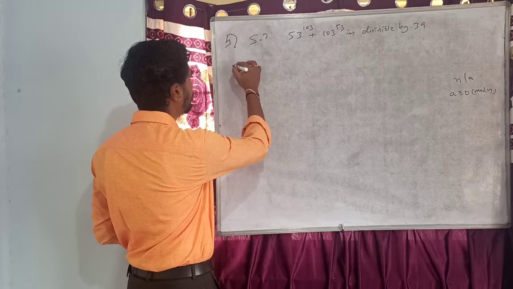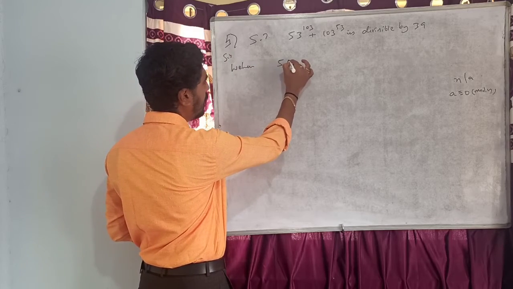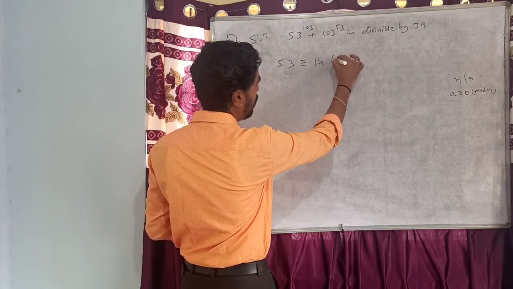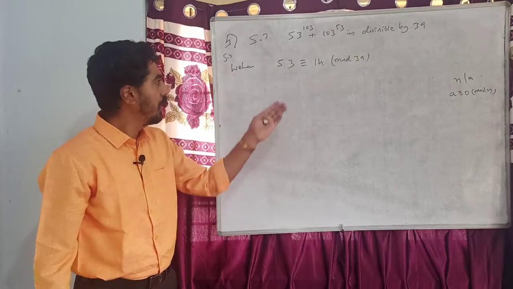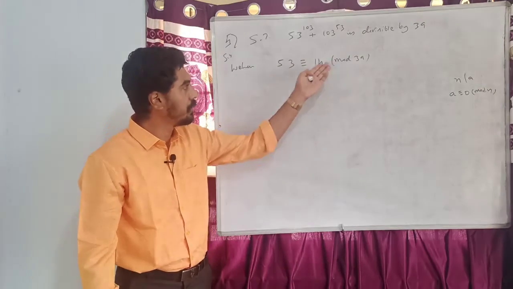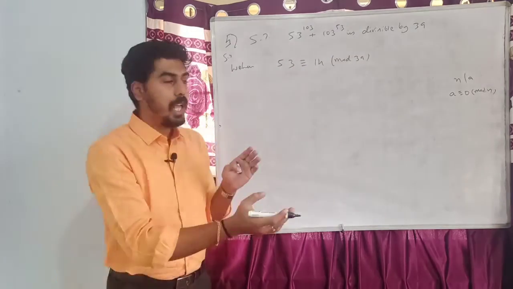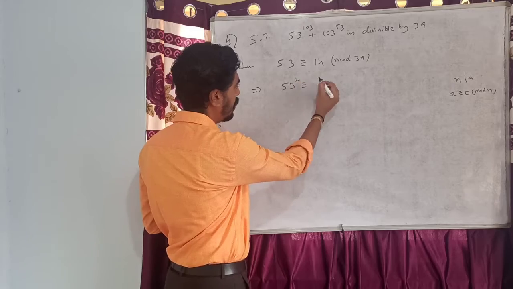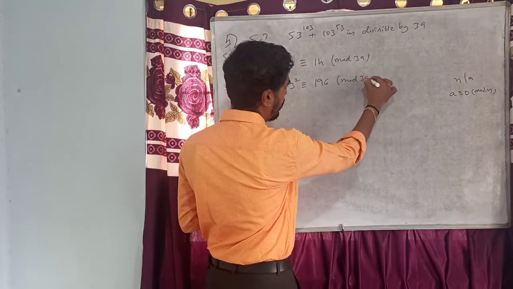First, we have 53 is congruent to 14 modulo 39, right? 53 minus 14 is 39, which is divisible by 39. So 53 is congruent to 14 modulo 39. When I square both sides, I get 53 square is congruent to 196 modulo 39.